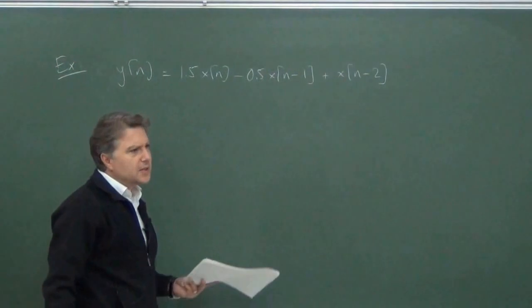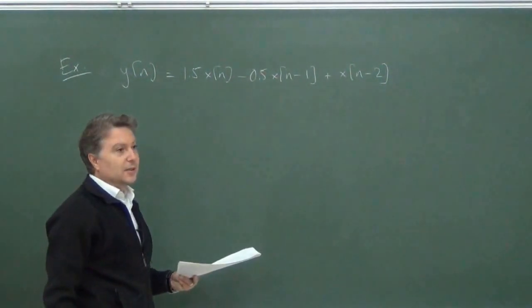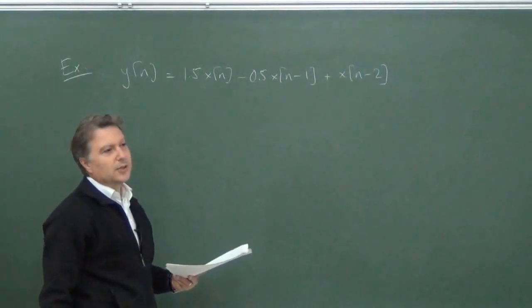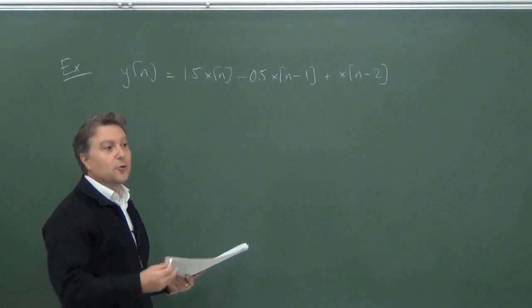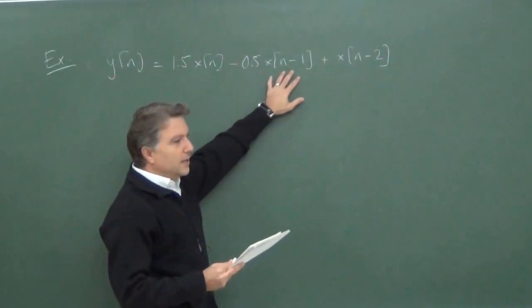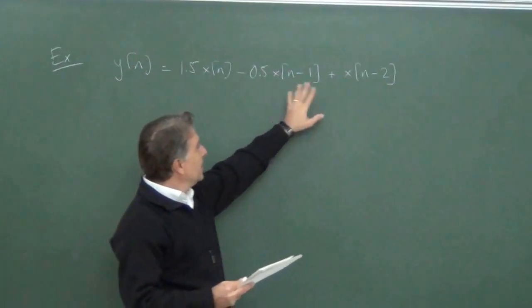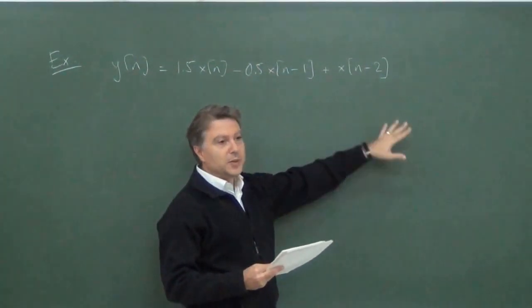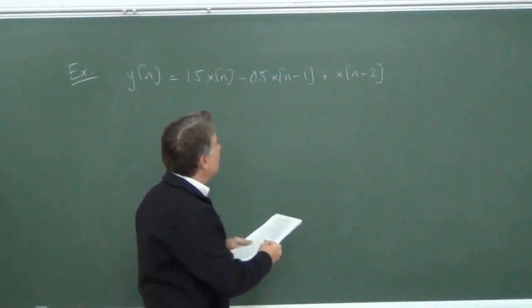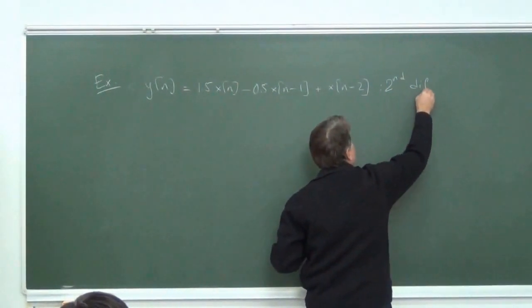This is also possible. Just another example. This is a second order difference equation. Because the first passed sample is here, the second passed sample also appears, so it makes the whole expression a second order difference equation.